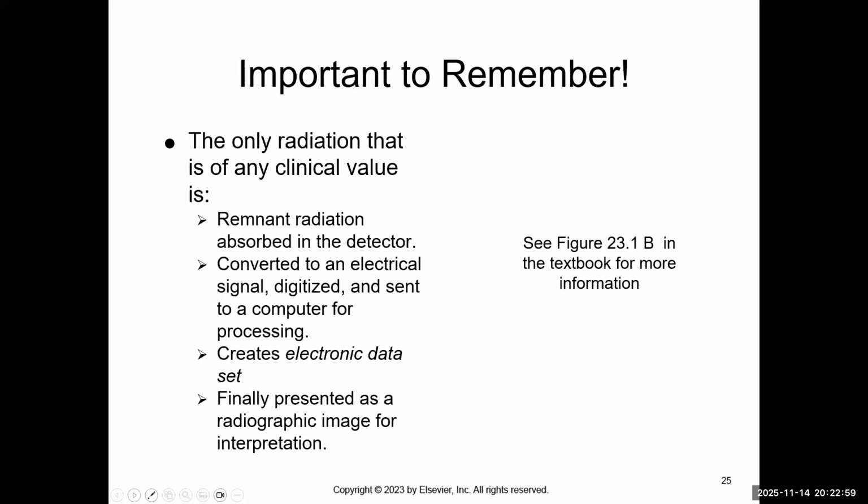Now, there is another radiation that is potentially exiting, and that is scatter radiation. All right, scatter radiation doesn't add any additional diagnostic value to your images. In fact, you need to control it. The first way we control it is collimation. If it's Bucky work, the second way we control it is a grid.